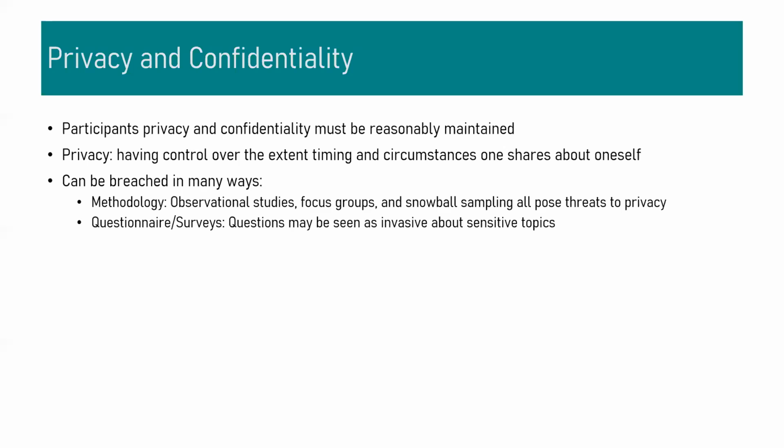So privacy, or having control over the extent, timing, and circumstances of what one shares about themselves, can be breached in a couple of different ways. The first is through different research methods, such as observational studies, focus groups, or snowball sampling. Observational studies pose a threat to privacy if private information is gathered without the subject's consent or knowledge.